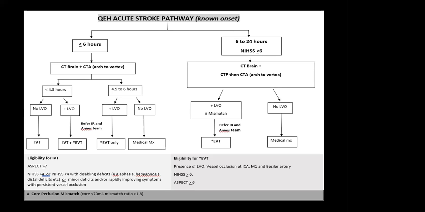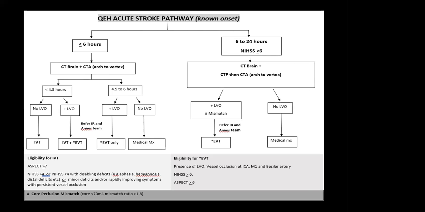But with the upcoming articles, they found that even among those with a minor NIHSS less than 4, 30% of them also have a large vessel occlusion diagnosed through the CTA.